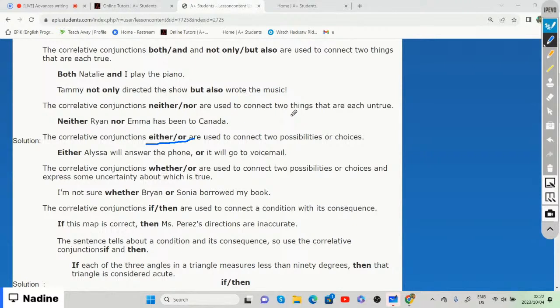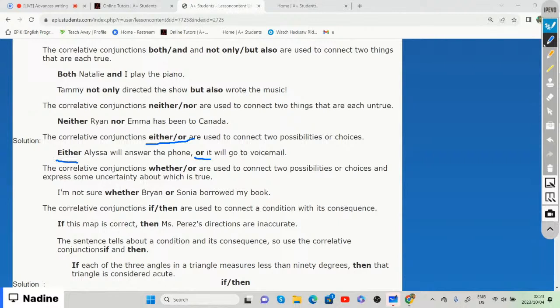And an example is, we said either or: either Alyssa will answer the phone or it will go to voicemail. So it's either she's going to do it, there's a possibility, right? That is where the possibility or the choice is coming from.